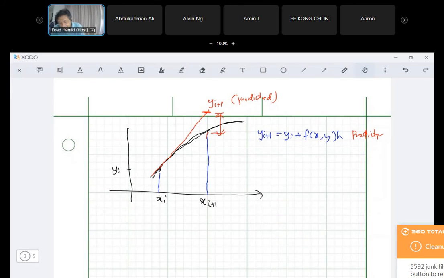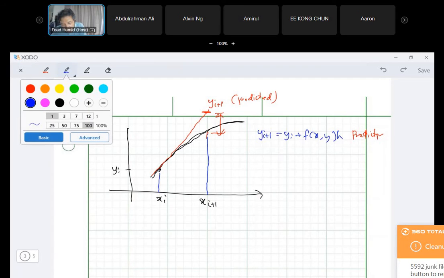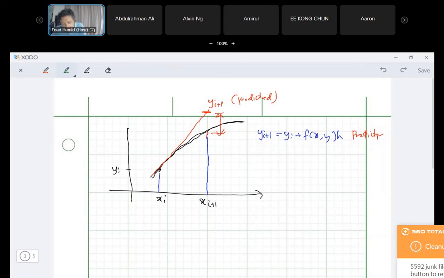So in this case, let's change to a different color here. Let's use green. Now I have my yi+1 based on our predictor.